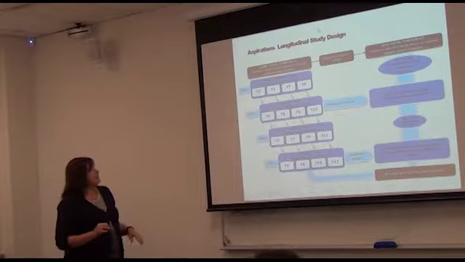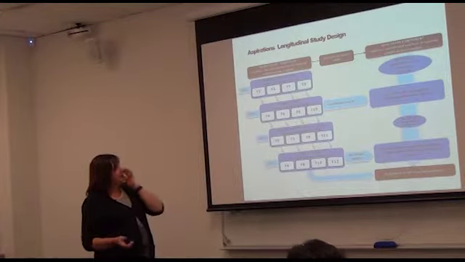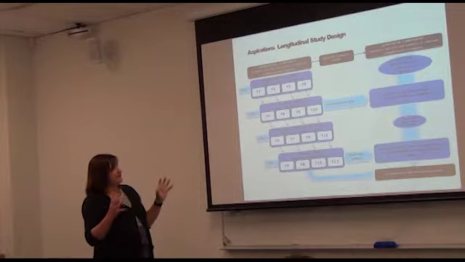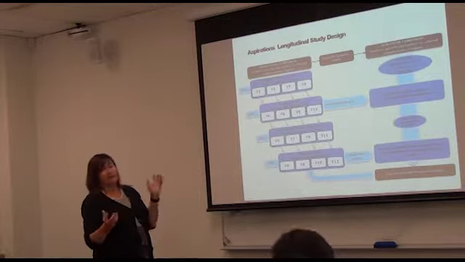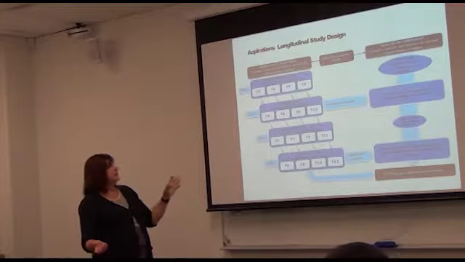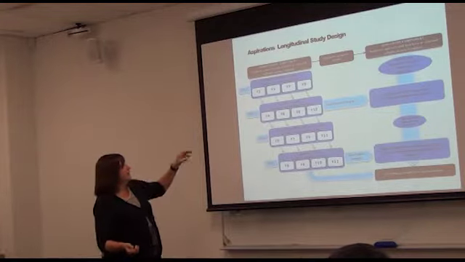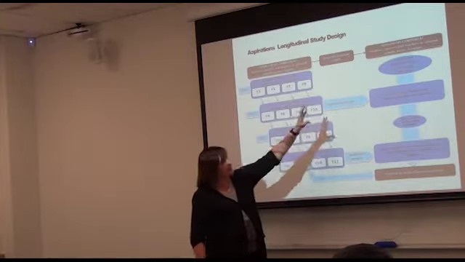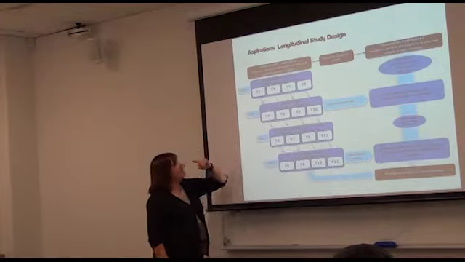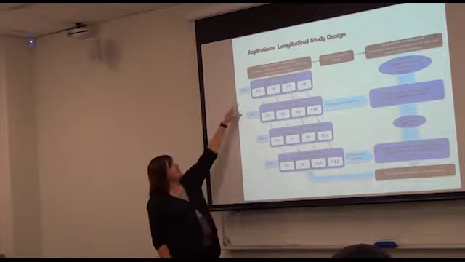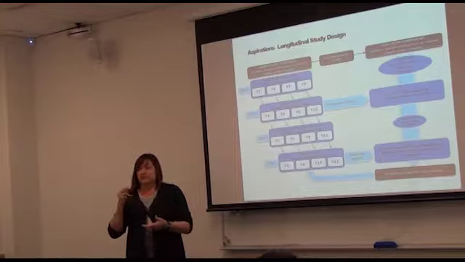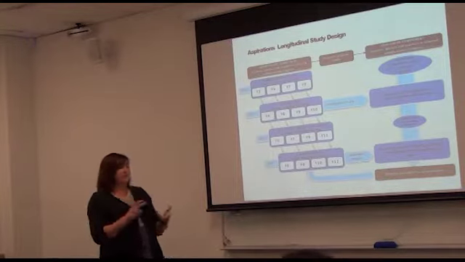All right, so this diagram outlines how we fitted the whole thing together, the quantitative and the qualitative component. This side represents the quantitative component and this side the qualitative. So we started in 2012 and we recruited students in years 3, 5, 7 and 9.